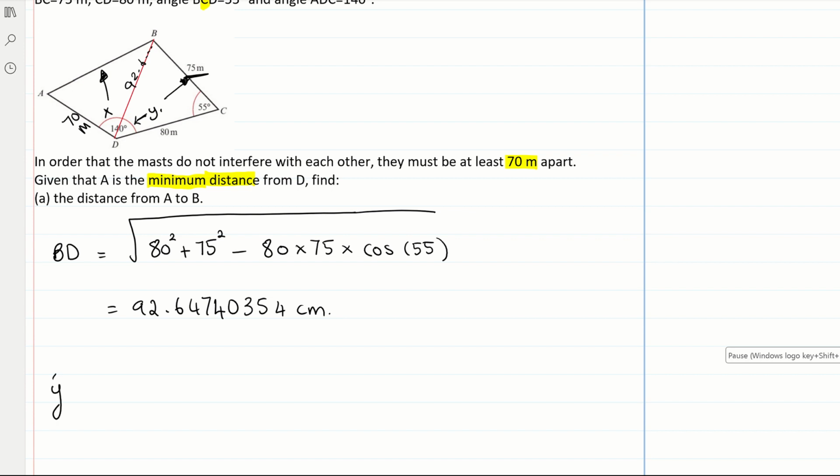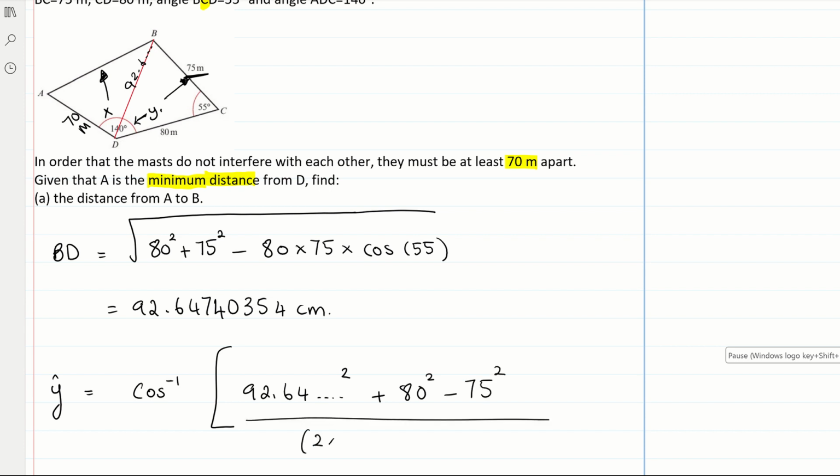So angle Y, which I've labeled on the diagram, is cos minus 1 of (92.64 squared plus 80 squared minus 75 squared) over 2 times 92.64 times 80.